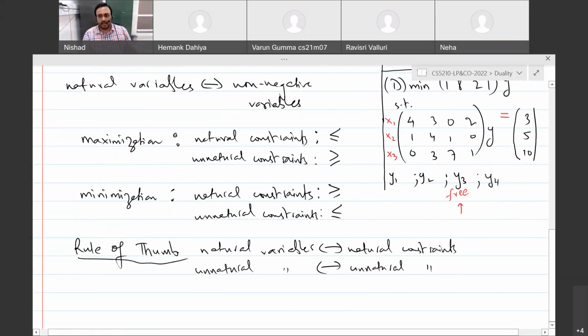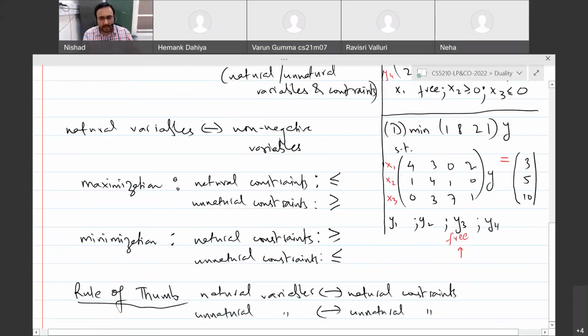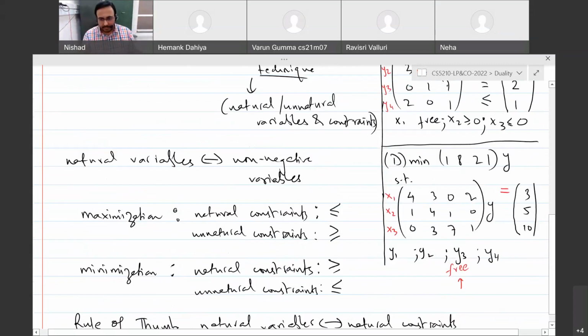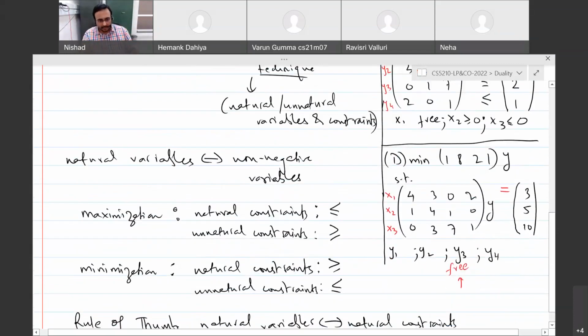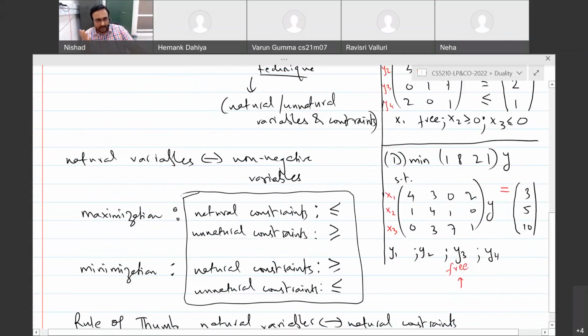Sounds like a lot of blah blah blah. It will become clear once we do this example. So now I want you all to remember just this much: just remember what is a natural constraint and what is not a natural constraint. For variables, it's very easy. Natural just means non-negative. Non-positive is unnatural, which kind of intuitively makes sense.